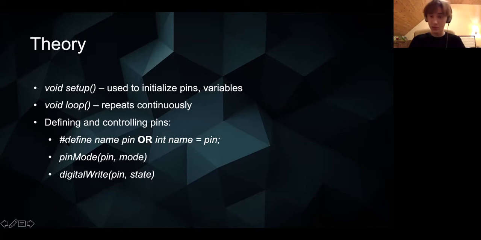To define pins and objects, you use the define function. So you write define, then the name you assign to that object and the pin you connect to that object. Or you can create an integer value, for example. So you say integer, the name of your object and the pin.